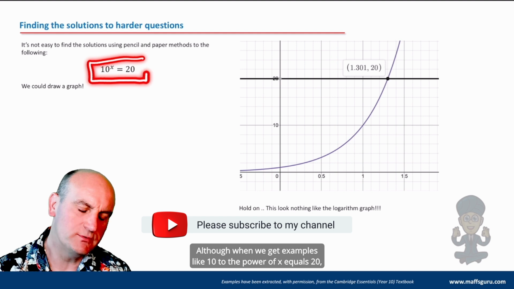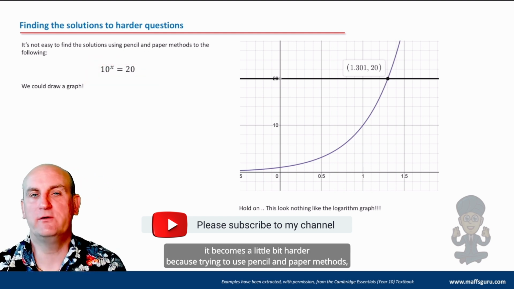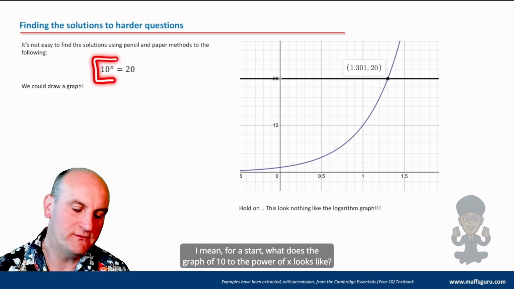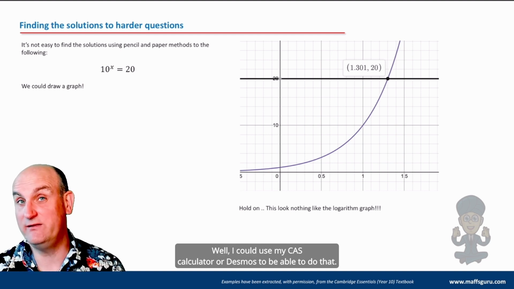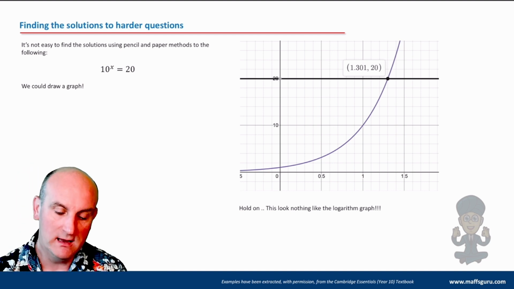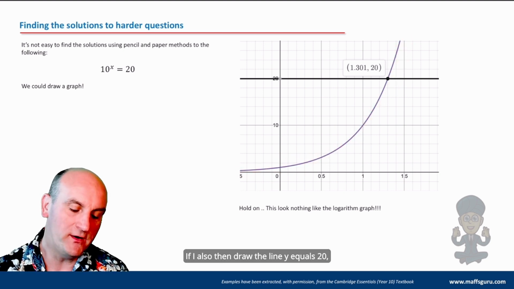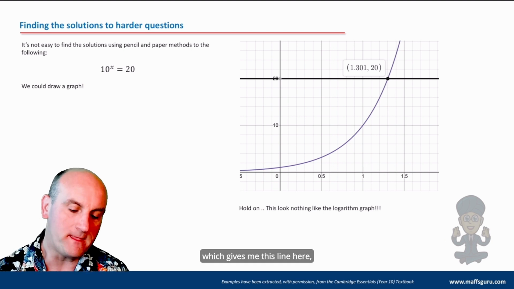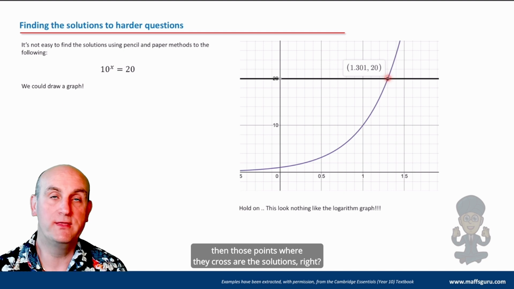Although when we get examples like 10 to the power of x equals 20, it becomes a little bit harder, because trying to use pencil and paper, for a start, what does the graph of 10 to the power of x look like? Well, I could use my CAS calculator or Desmos to do that. And when I do it, this is what happens. There's my 10 to the power of x. If I also draw the line y equals 20, which gives me this line here, then the points where they cross are the solutions.